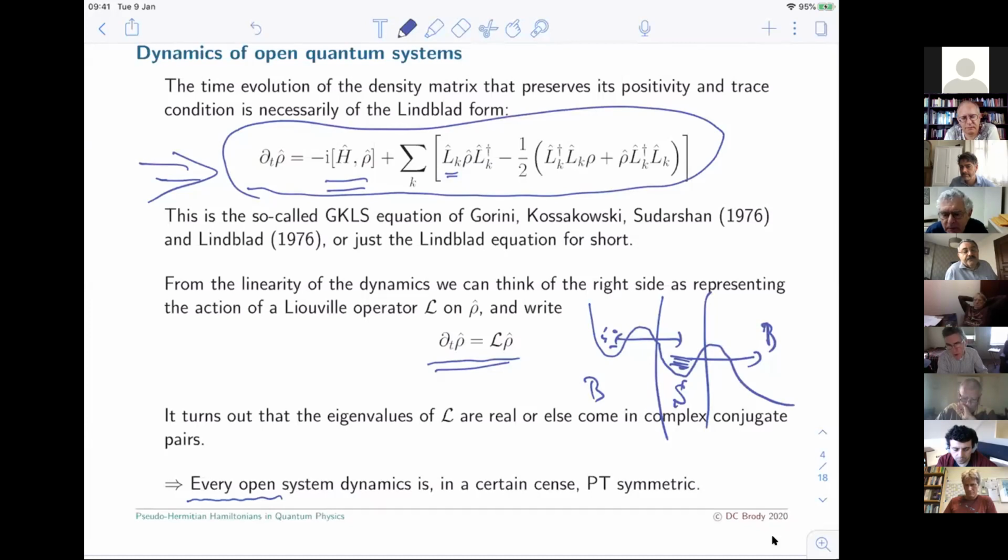Now, this is what I had proven in 2002. And the precise statement is that there is an antilinear symmetry which squares to 1, if and only if the eigenvalues are real or in complex pairs. Okay. So PT is an example and T is also an example. You can always introduce P and T operators separately for such situations. But the point is that these new T and P operators need not commute.